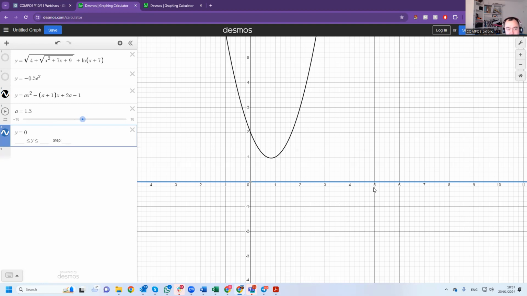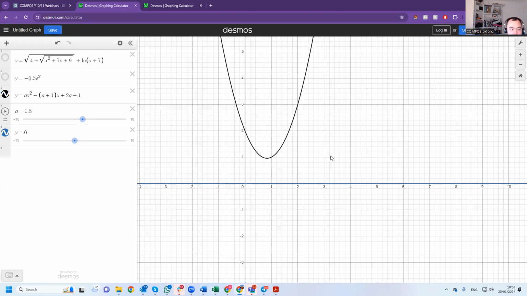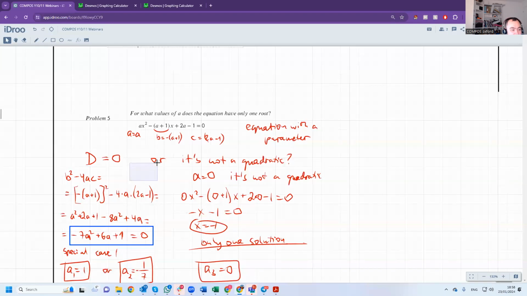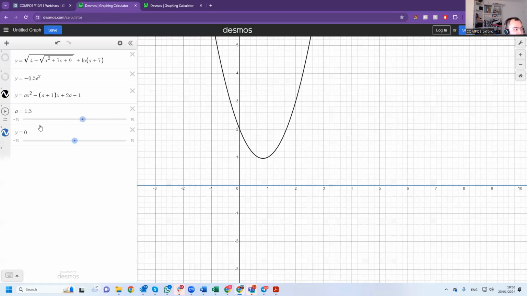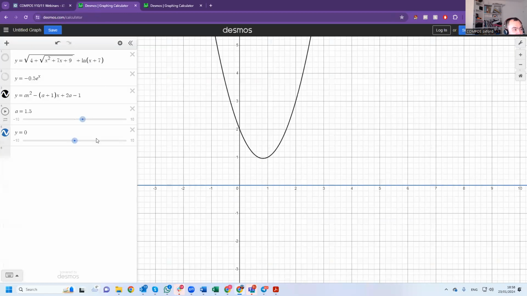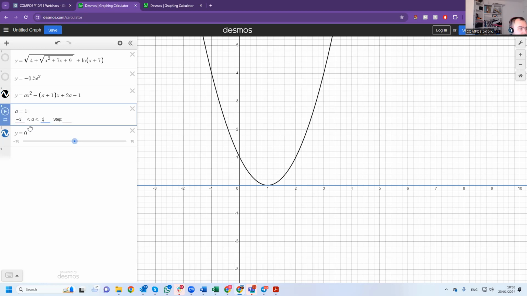And that's a straight line. That's easy. So the question is, for what values of a do they have only one point of intersection? Okay, so a going, and we have minus 1/7, 1 and 0.